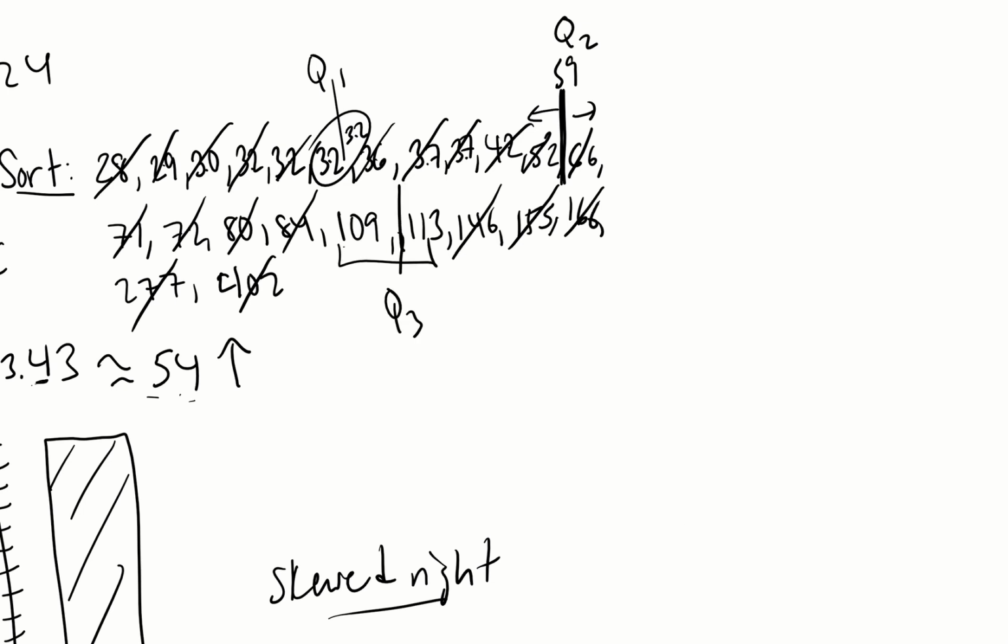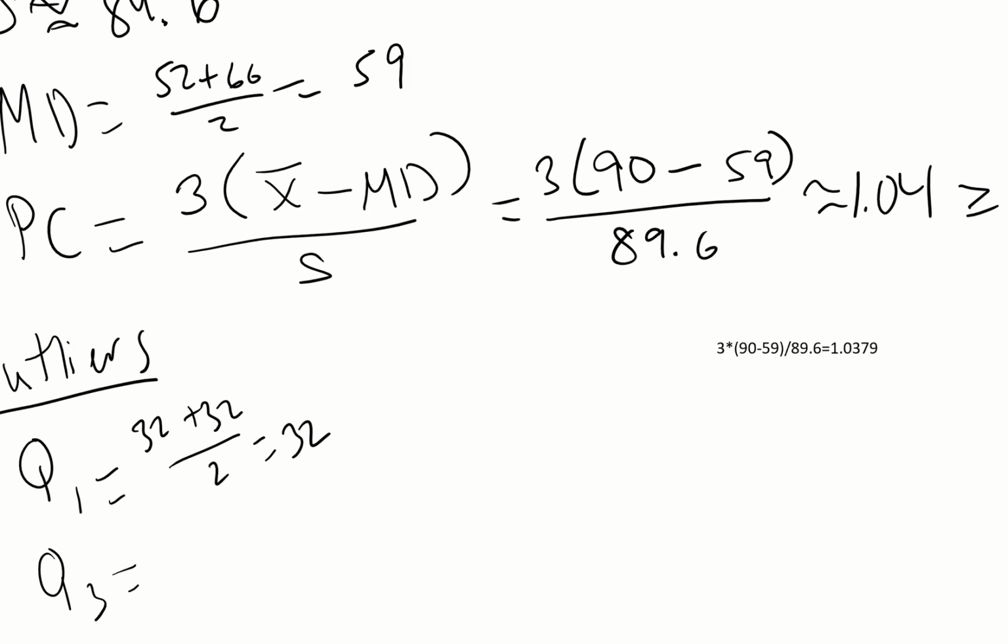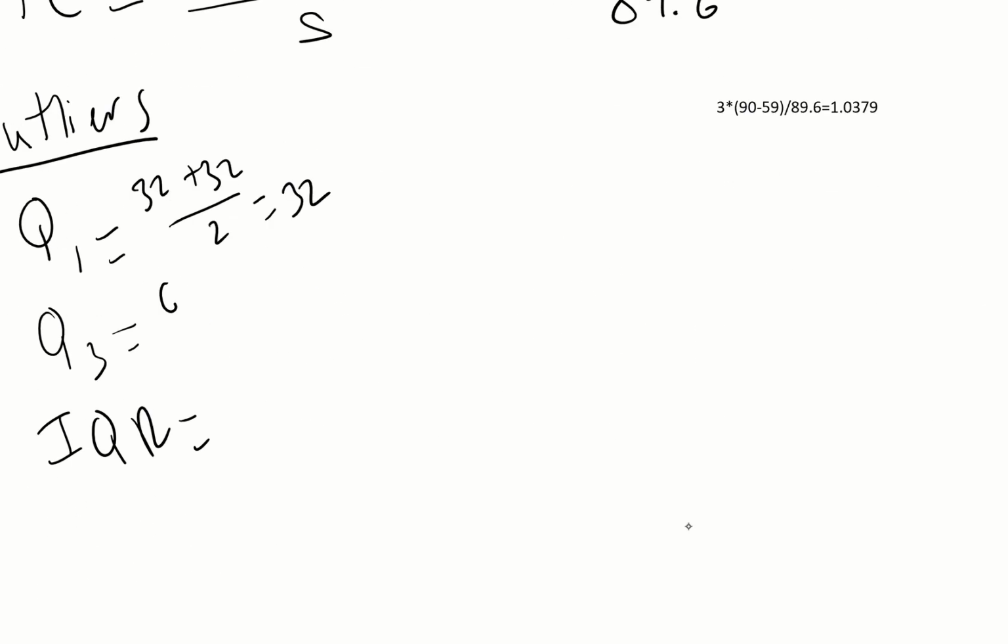So the third quartile is 109 plus 113. Divide that by 2, see what we get. So 222 divided by 2 is 111. All right, and that makes sense. 111 is halfway between 109 and 113.